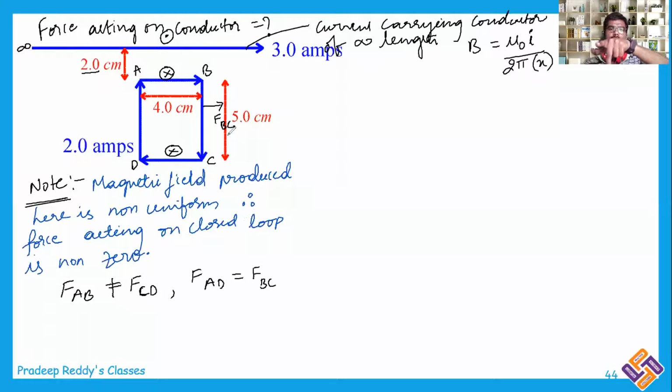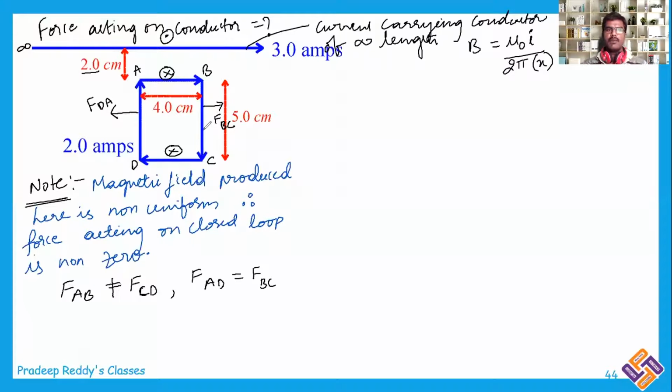And what about this one, FDA? Exactly, the current direction is reversed. Therefore, it will experience a force on the left side, that is FDA. The length of the BC segment and the length of the AD segment are equal.